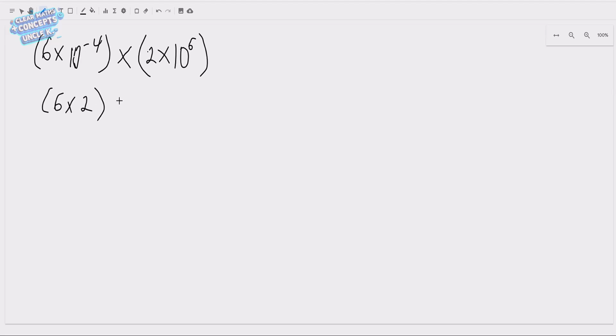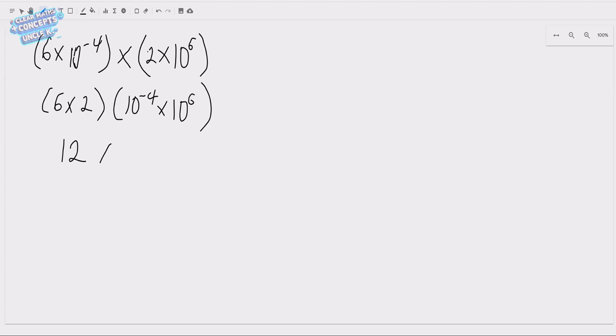You separate the whole numbers or other numbers. Then you bring the index ones together. Power 6.